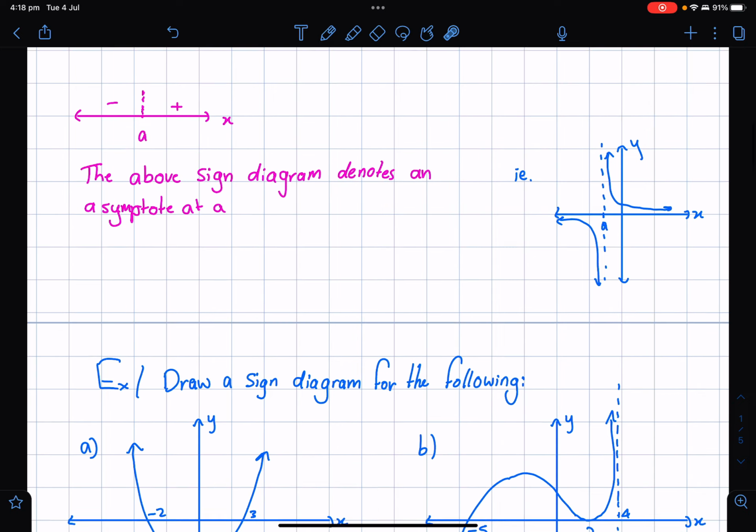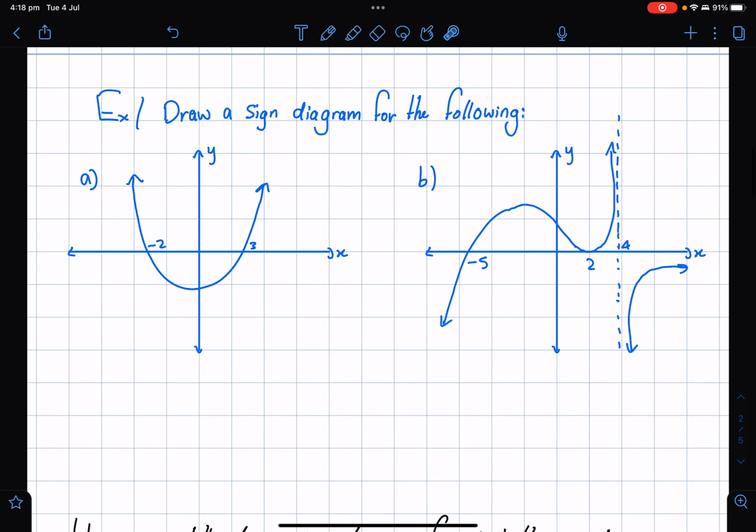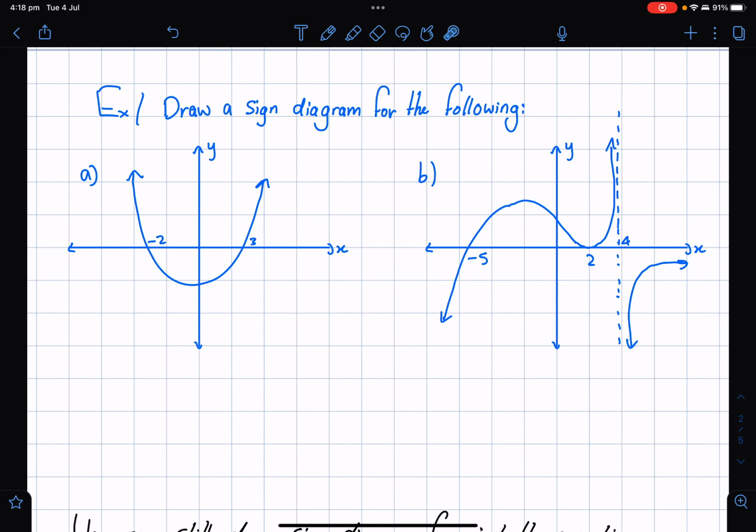All right, let's have a bit of a practice. So I've got two graphs here, one fairly simple, one quite tricky. So let's start with the simple one. First thing I want you to do is always draw a straight line, arrows on either end, and an X. So it's going to give me my axis that we're representing and shows that it goes on forever each way as well.